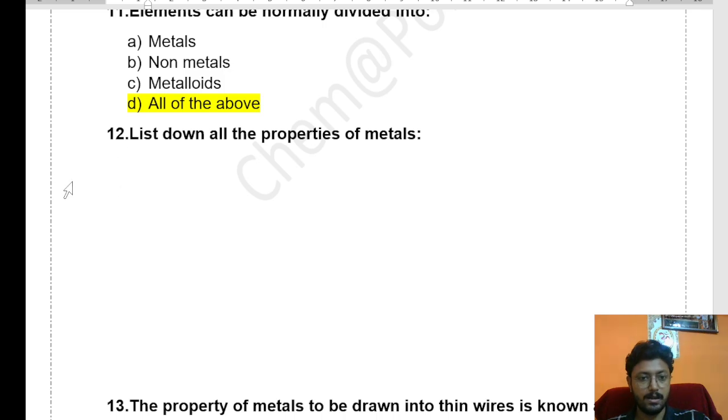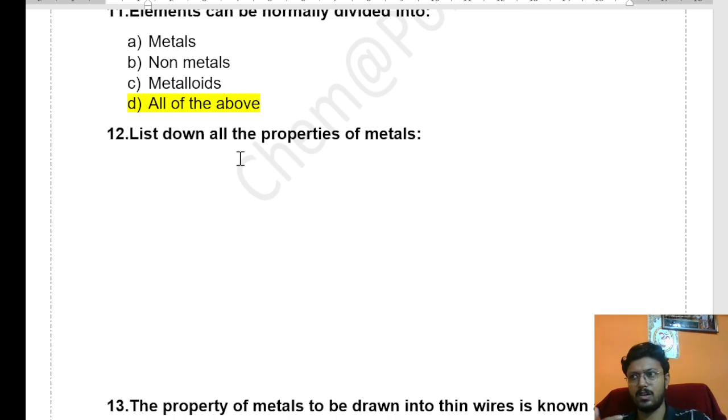Now question number 12: list down all properties of metals. I think all of you know that. Please write the properties of metals in your chemistry notebook. In the comment box, write the question number 12 and a minimum of 2 to 3 properties of metals.